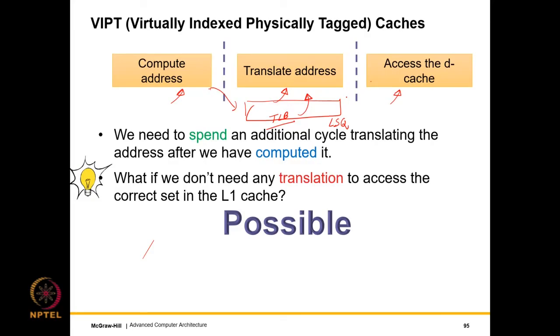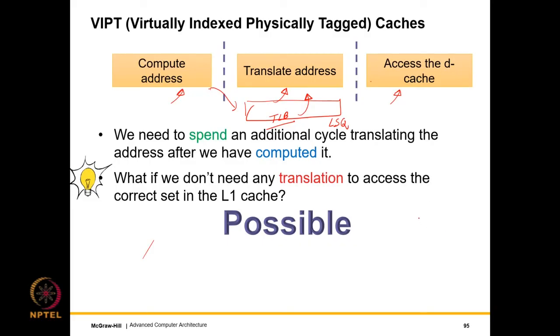It does have correctness issues, which were discussed in a previous slide. So now the question that we ask is, what if we don't need any translation to access the correct set in the L1 cache, right? So what if in the L1 cache we actually don't need any translation? Well, does it mean that we send the virtual address to the L1 cache? That will cause a problem.